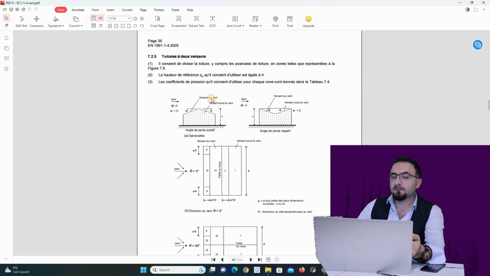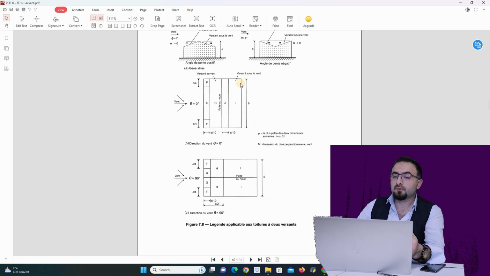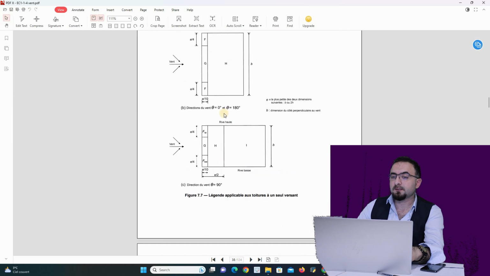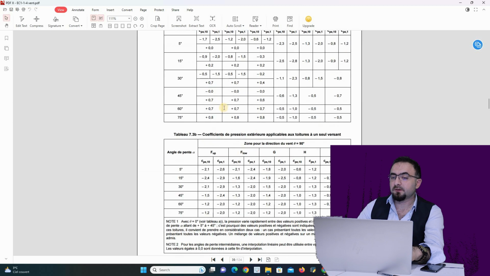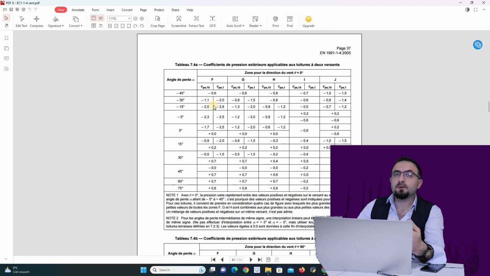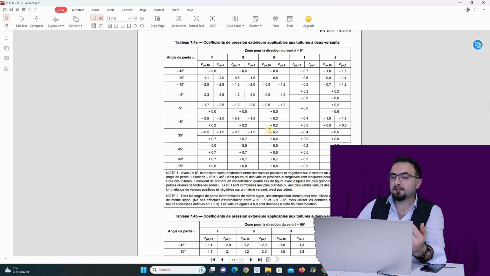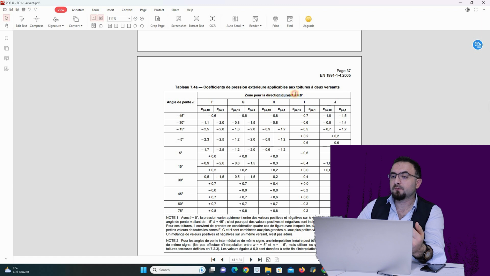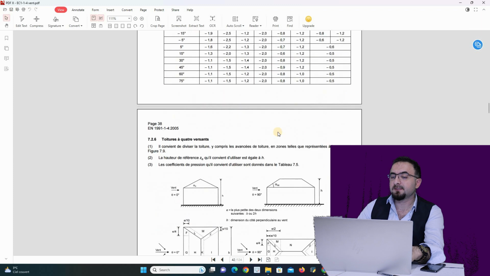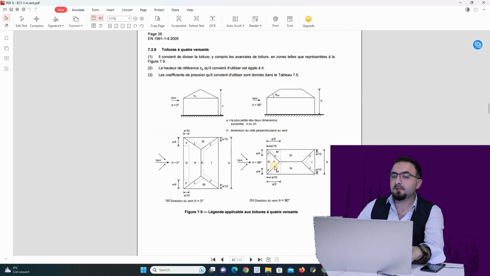Here we have a roof with 2 inclinations. We have different zones; the zone here is not the same as the zone here. Then we have the table with many coefficients, and the coefficient depends on the type of angle. We have 0, we have 90, and here we find another type of roof.